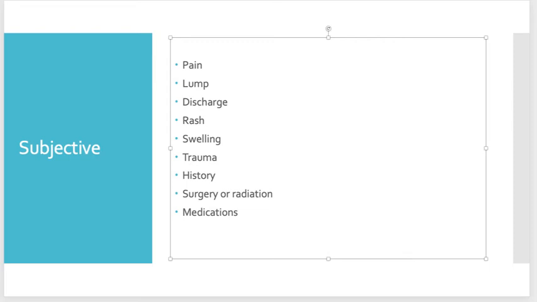We want to identify medications, whether or not oral contraceptives have been taken and for how long, because they do carry with them an increased risk of breast cancer. Whether or not there's been hormone replacement therapy, such as estrogen or progesterone. Of course, this may occur in menopause or in treatment for someone who is trying to get pregnant, and these can cause an increased risk of breast cancer.